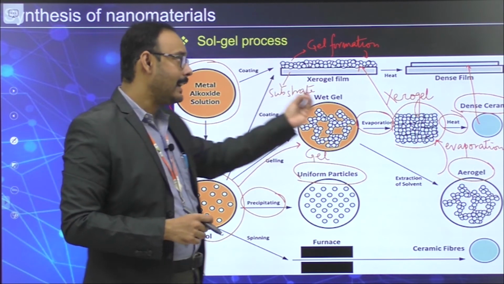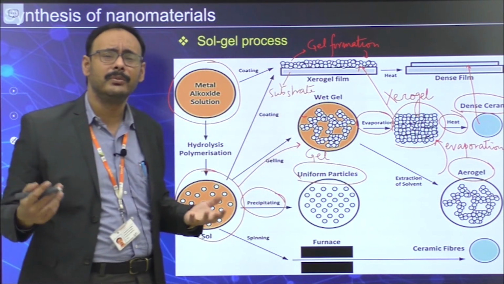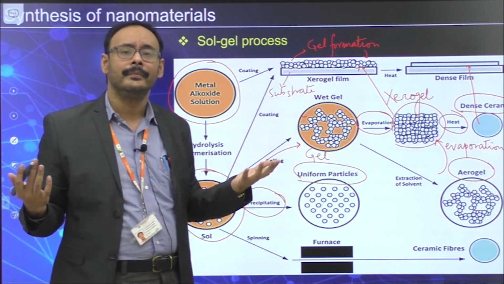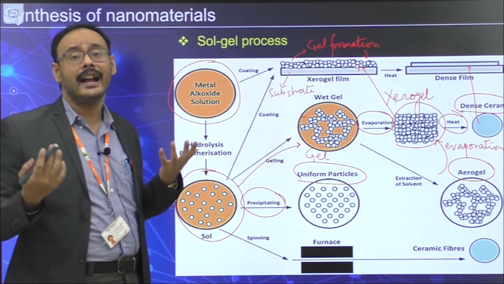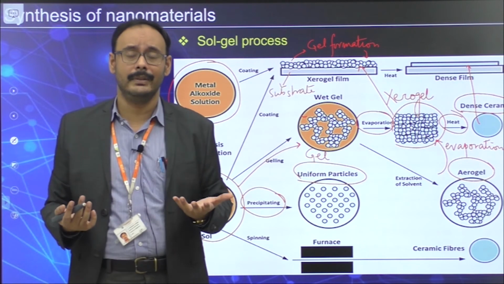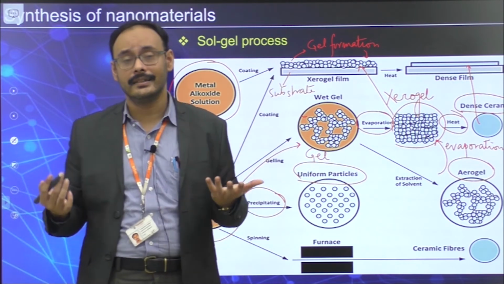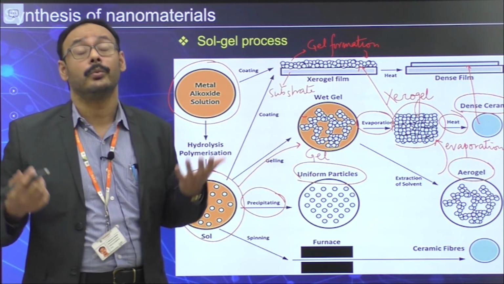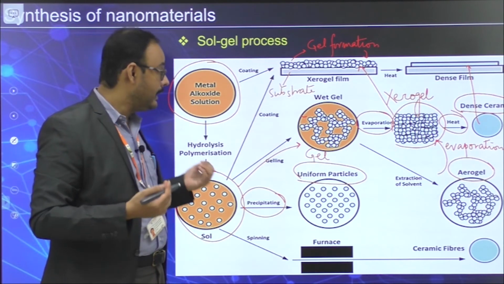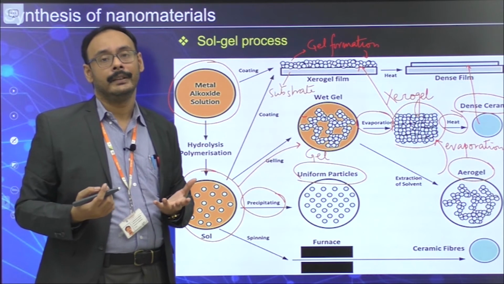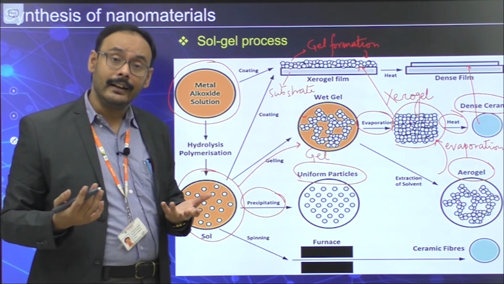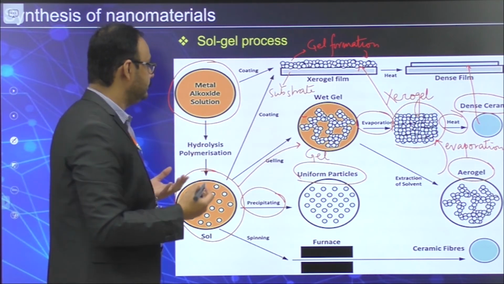Okay, silica is more common, but it doesn't have to be silica. You can use other metal precursors also. For example, titania, TiO2, is a very important material for photocatalytic generation of hydrogen or water splitting. Nowadays they can also be synthesized using the sol gel technique. Okay, zirconia, ZrO2.